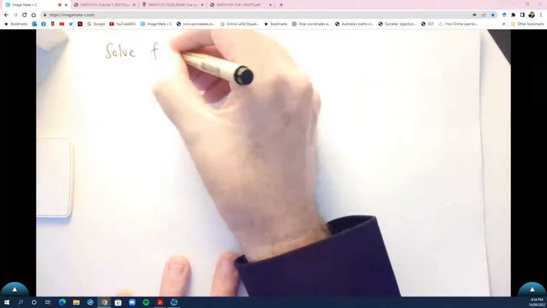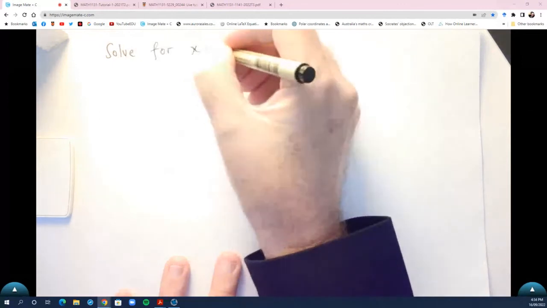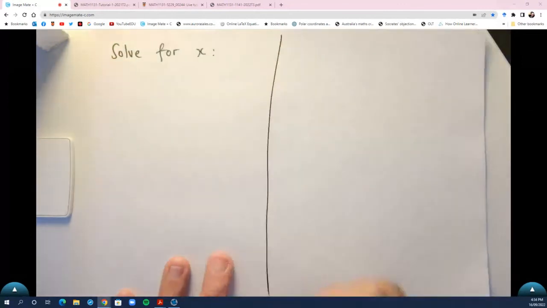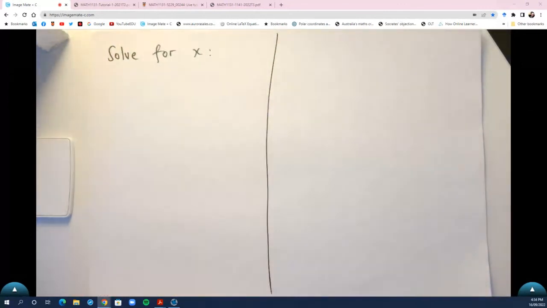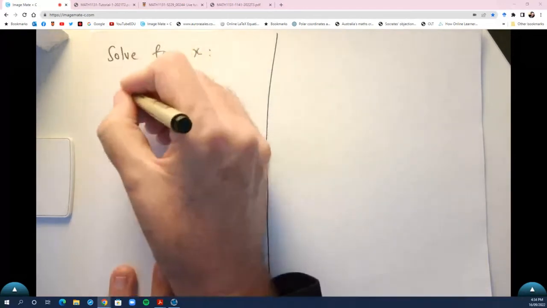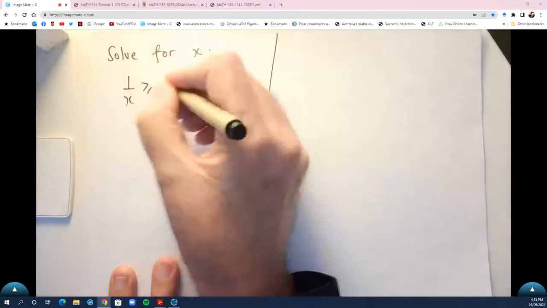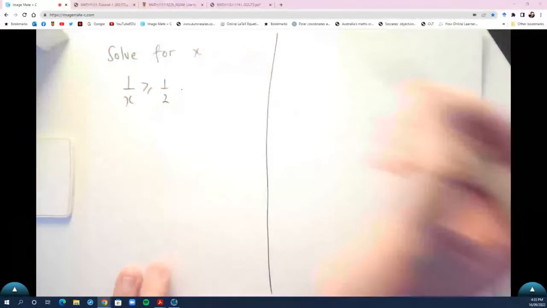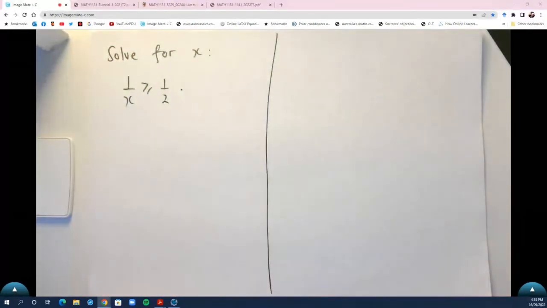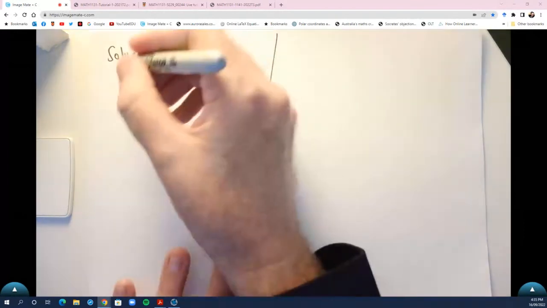All right, so let's say we're doing this the old-fashioned way, and I want to solve for x, and it's 1 on x is greater than or equal to a half. All right, so let's highlight that.